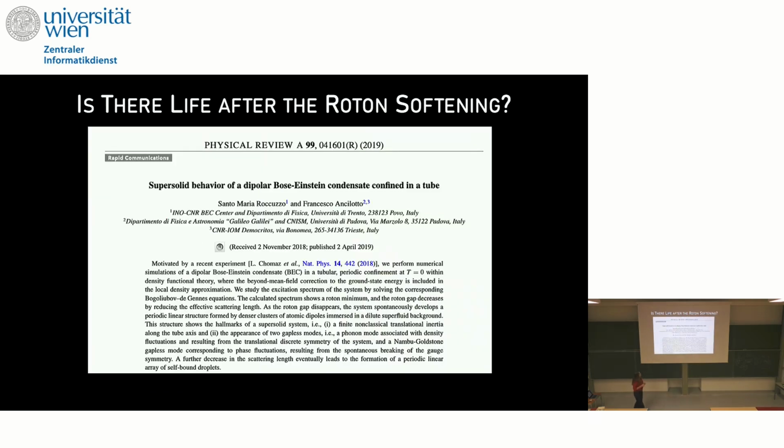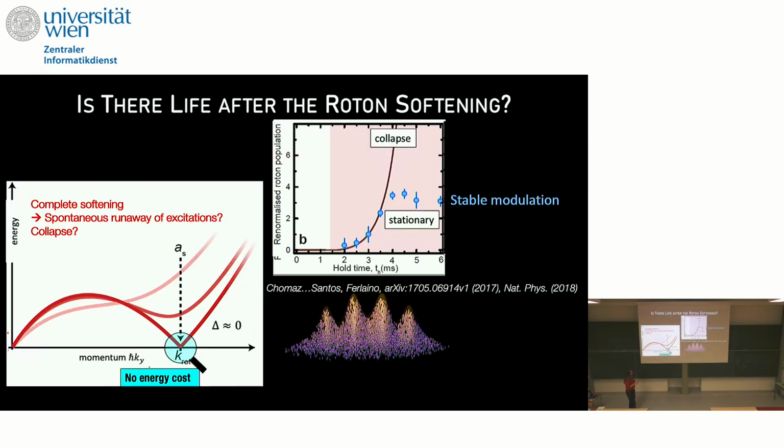And there was a very relevant theory paper about our original result suggesting that at this point, due to the Lee-Huang-Yang interaction, the system would not undergo imaginary excitation, but would stabilize due to the Lee-Huang-Yang term and drive the system into a new phase transition, into a new ground state.